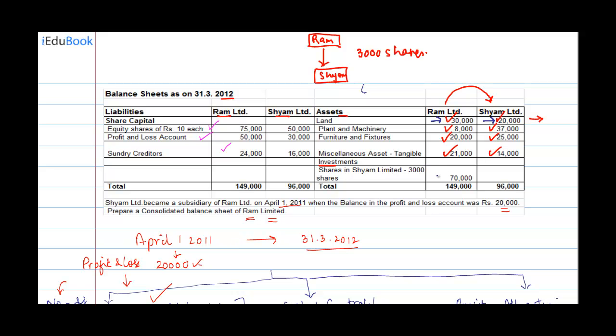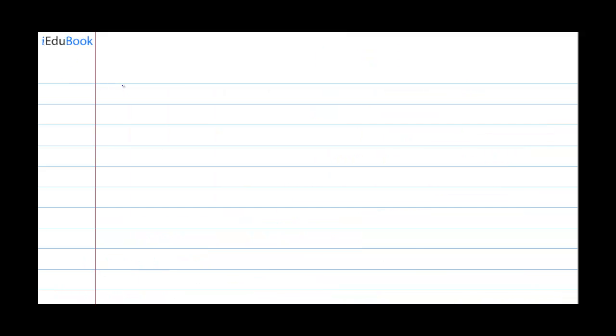Now comes the investment: shares in Sham Limited, 3,000 shares. What is the total share capital of Sham Limited? Total share capital is 50,000 rupees, and equity shares are of 10 each. So how many equity shares are there in Sham Limited? Let's see the working note.